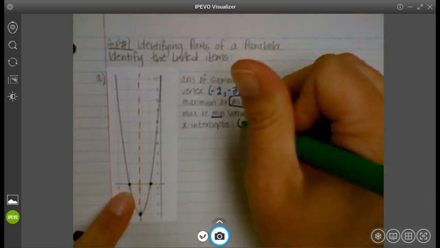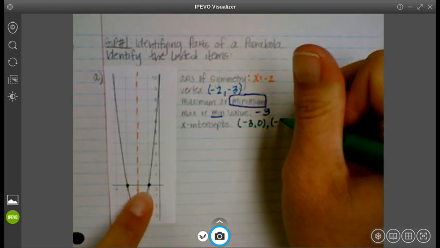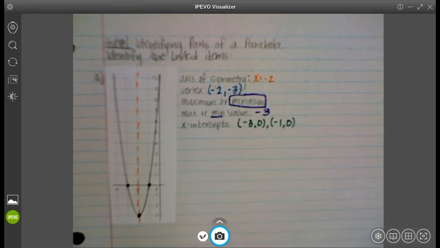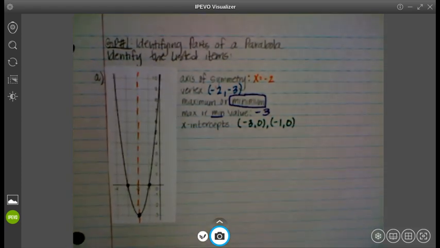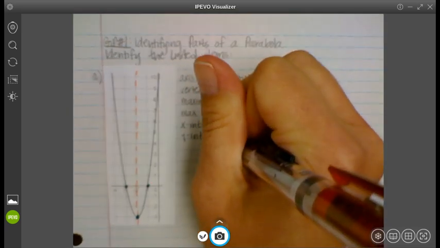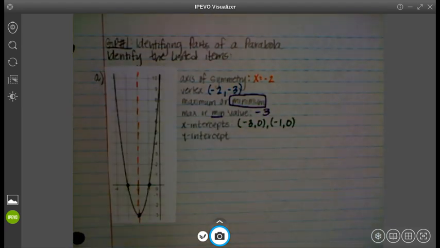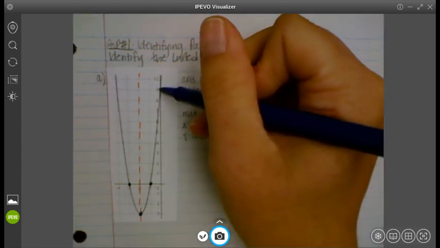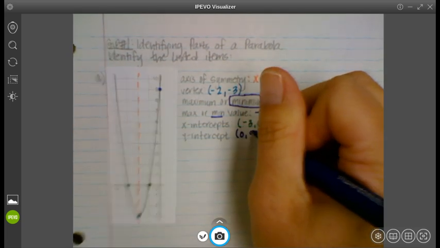The first one at -3, 0, and the second one at -1, 0. Then we have y-intercept. The y-intercept is where our graph crosses the y-axis, and that is right here at 0, 9.